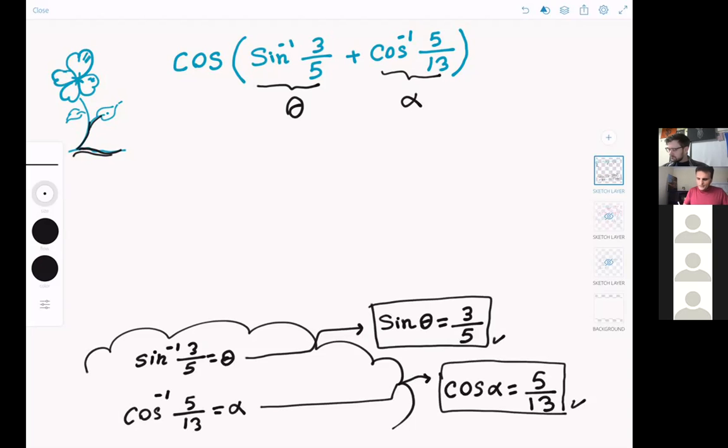Now I'm going to substitute for this and for that. They ask us to evaluate cosine of parentheses sine inverse of 3/5 plus that. We made it simple. Instead of the first one I put theta, the second one is alpha. So if we solve cosine of theta plus alpha, then we are done.